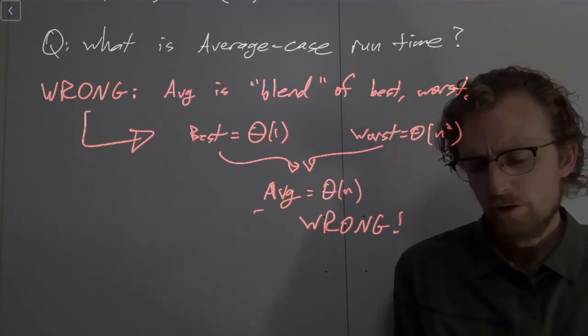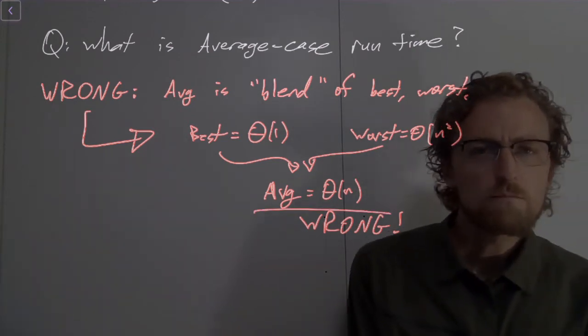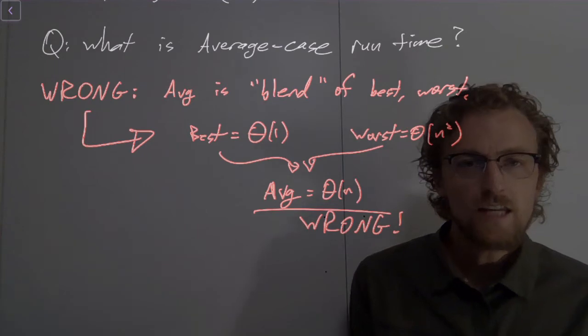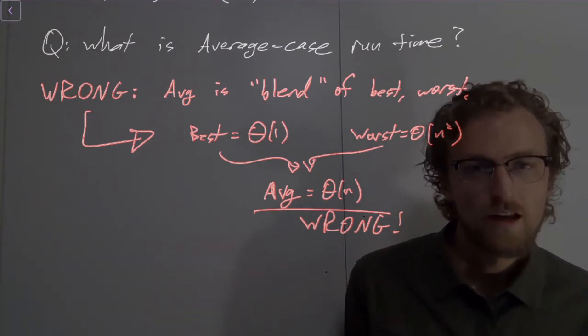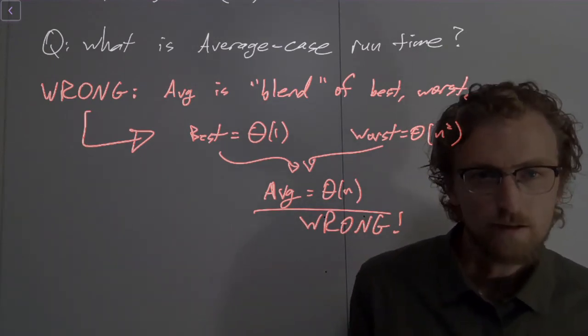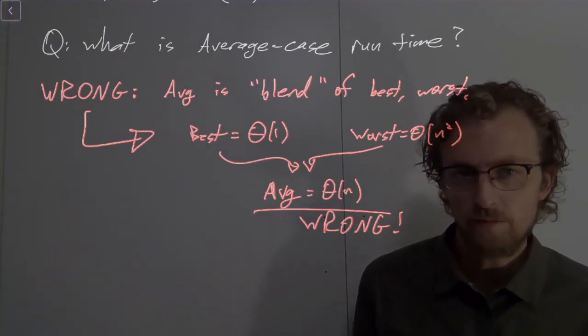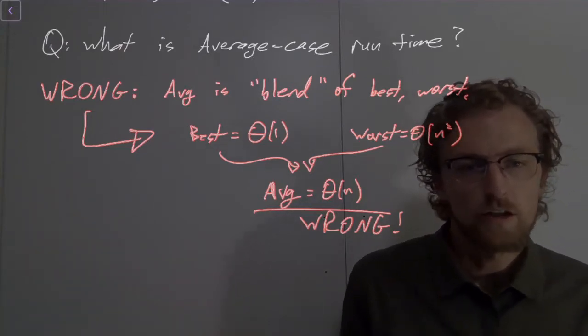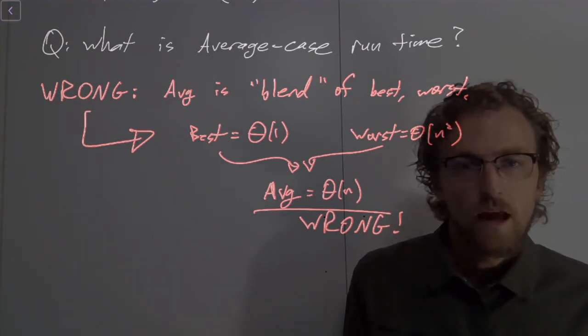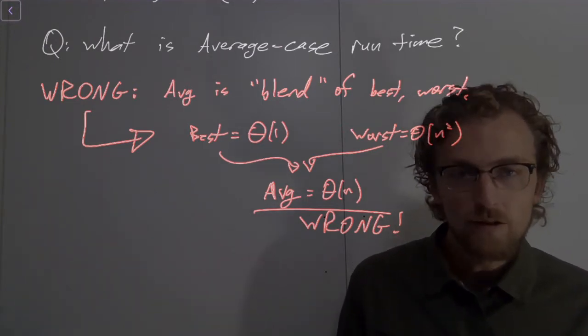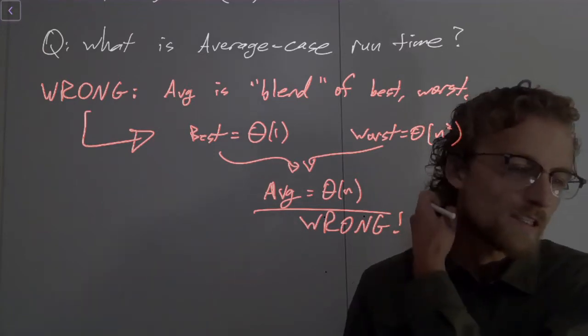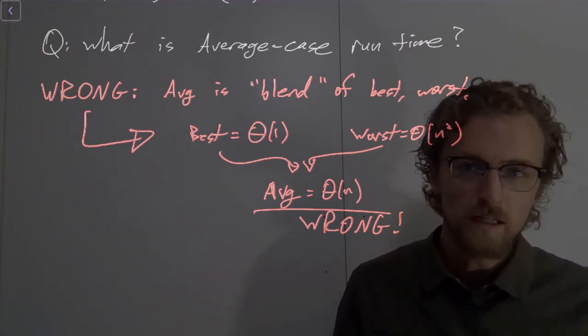Well, what does average mean? Average means on a typical input, what would you expect to see? And typical is a slippery concept, and expect to see is also a slippery concept, at least so far. It's not something you necessarily know what it means.